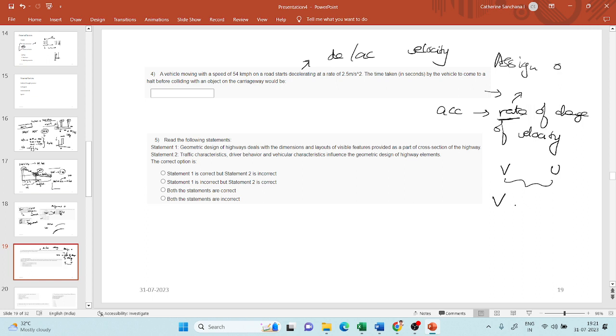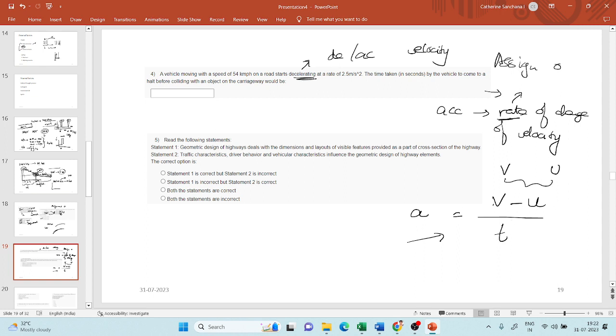So final velocity minus initial velocity divided by time is acceleration. Acceleration is the velocity increasing with time. You accelerate the vehicle, so you start from zero or from a low velocity and you increase the speed of the vehicle. That is acceleration: final velocity minus initial velocity divided by t.